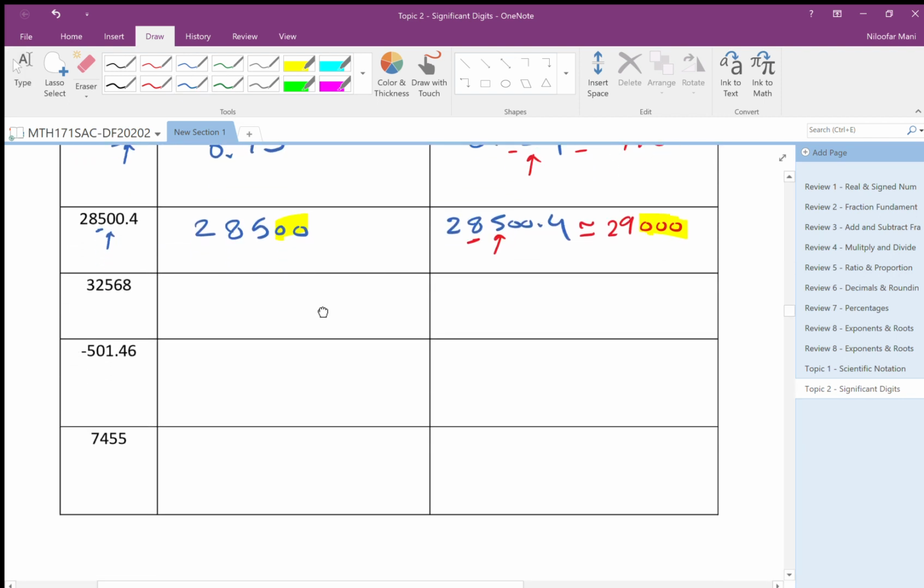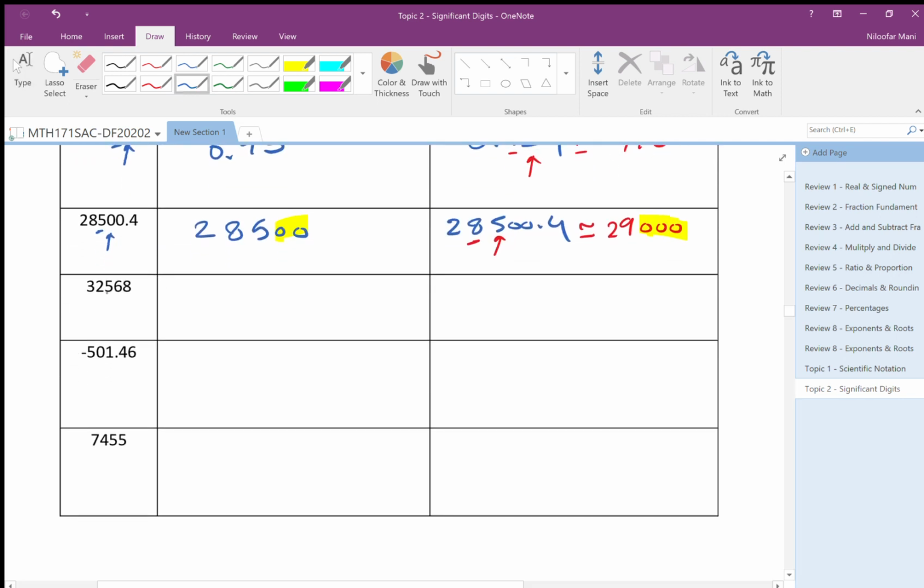Okay, so how about here? So this one I underline, and the next one, I just check it. So I have 32600. Okay, and again these are placeholders because I say 32,000.